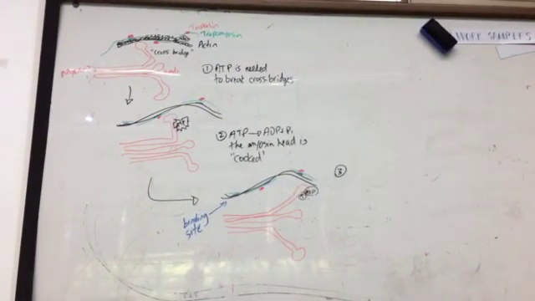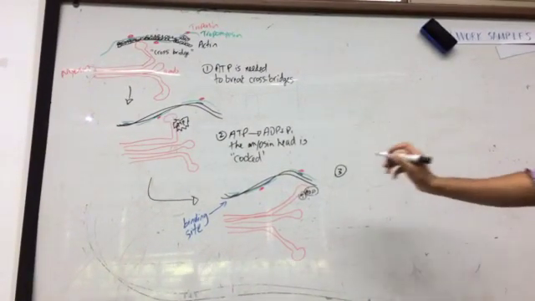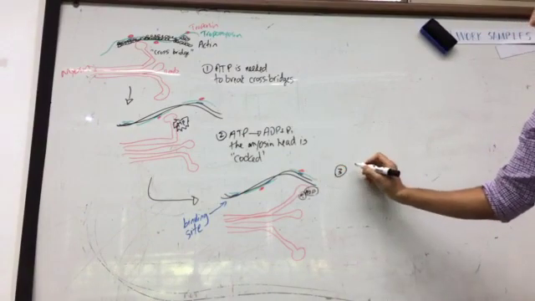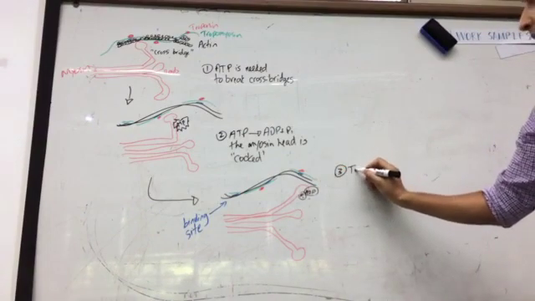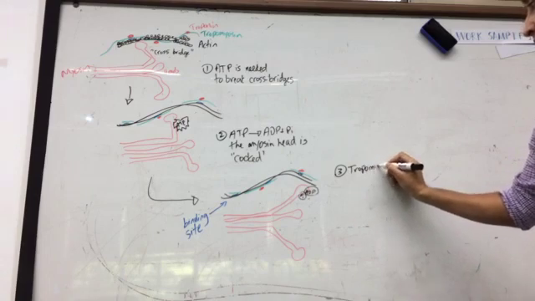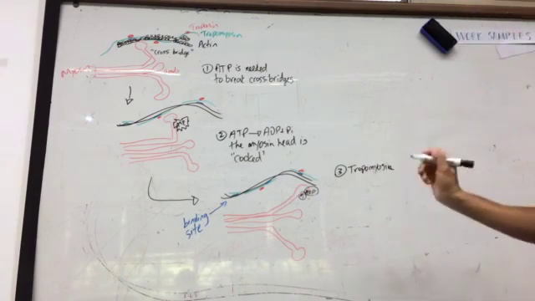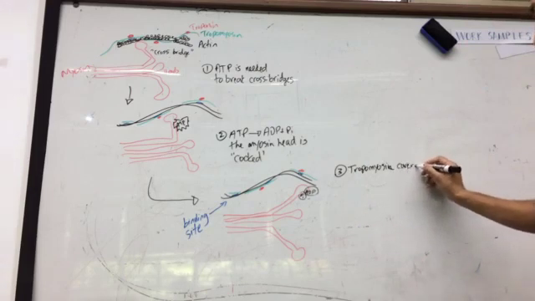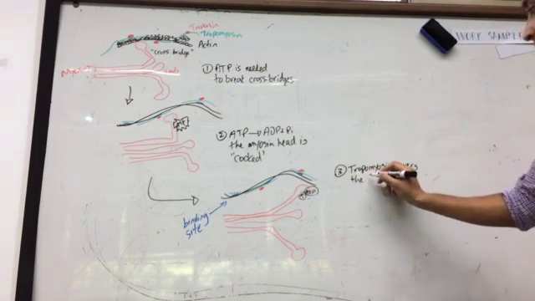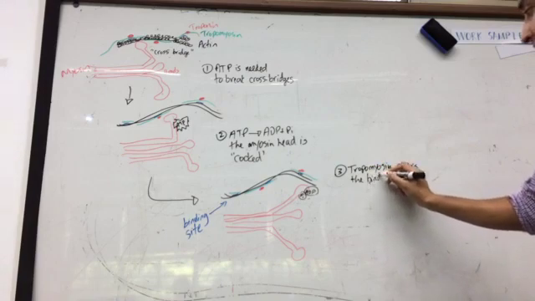In normal situations, the tropomyosin covers the binding sites on actin.